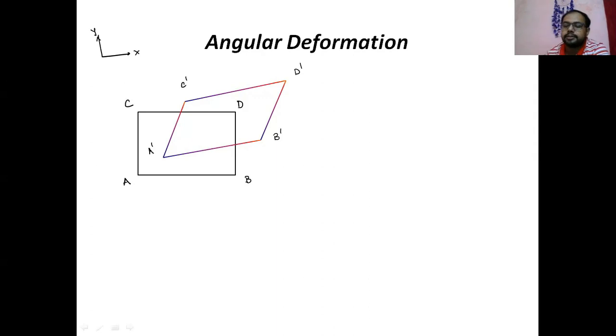No doubt about it. So along x direction velocity is u, along y direction velocity is v. This AB is delta x, AC is delta y.